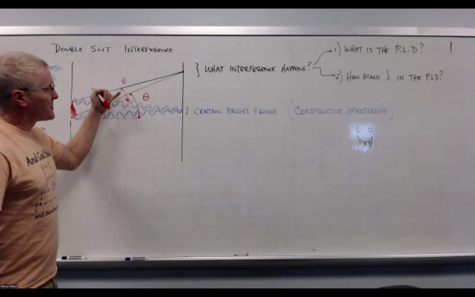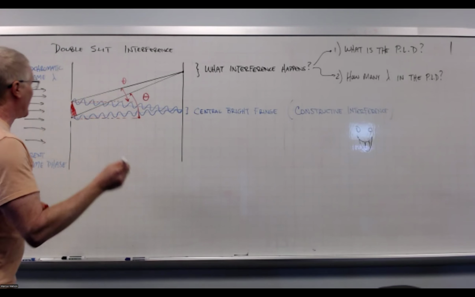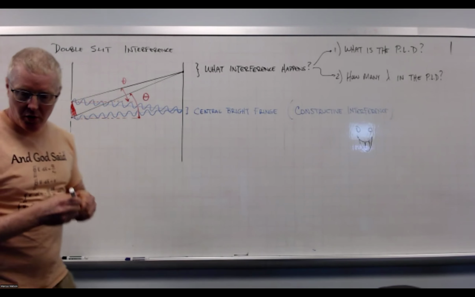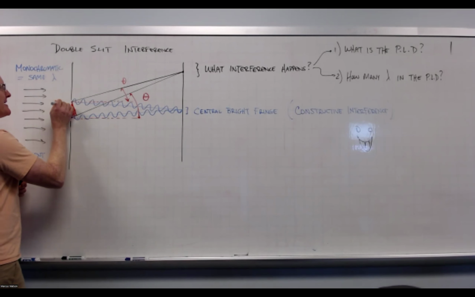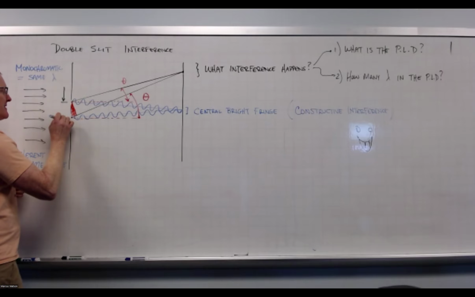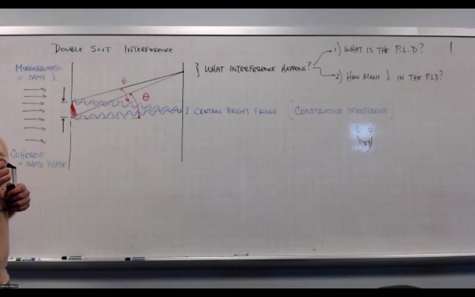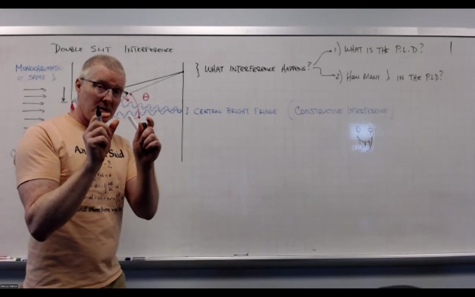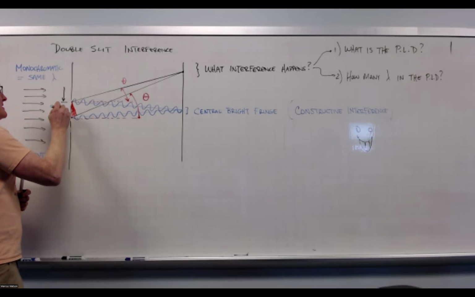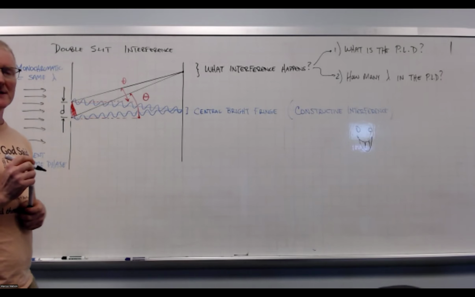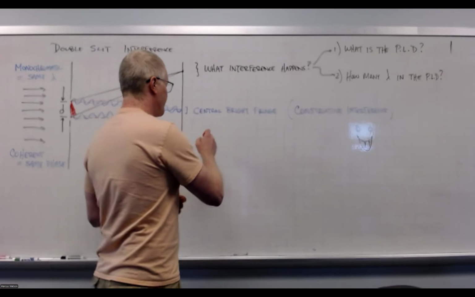Now, if those angles are the same, and I know the slit spacing, in other words, if I take the middle of this slit and the middle of this slit, that distance between the middles I'm going to call D. D will be my slit separation.